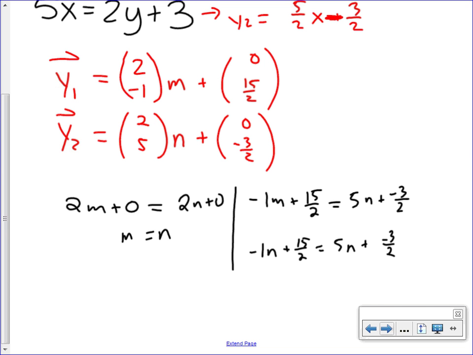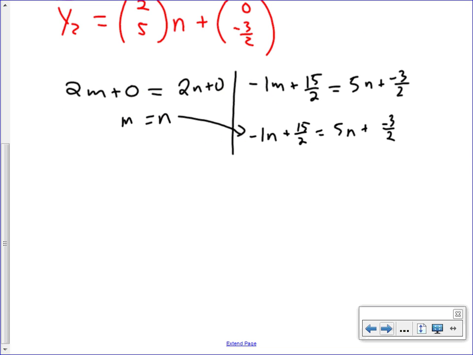Is it not -1? Yeah, the vertical: -1m plus 15 over 2. Oh yeah, because m is n. So just taking away one of the variables.